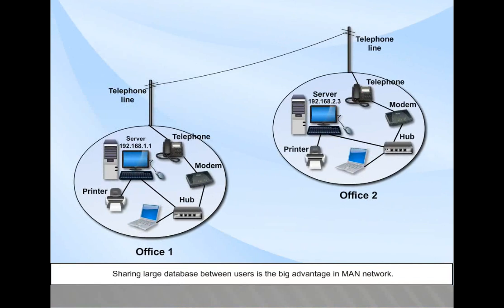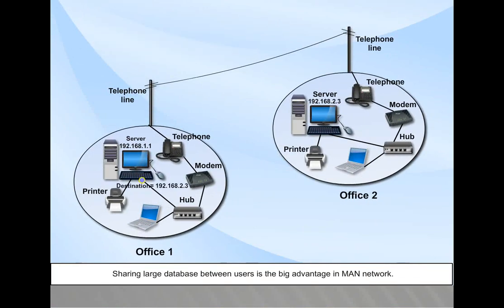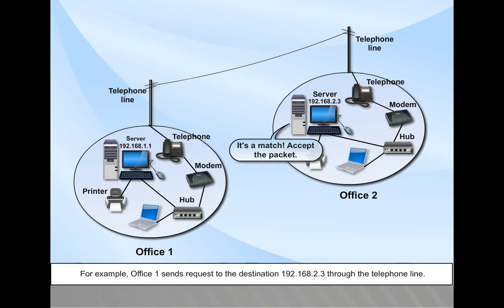Sharing a large database between users is a big advantage in a MAN network. For example, Office 1 sends a request to the destination 192.168.2.3 through the telephone line.